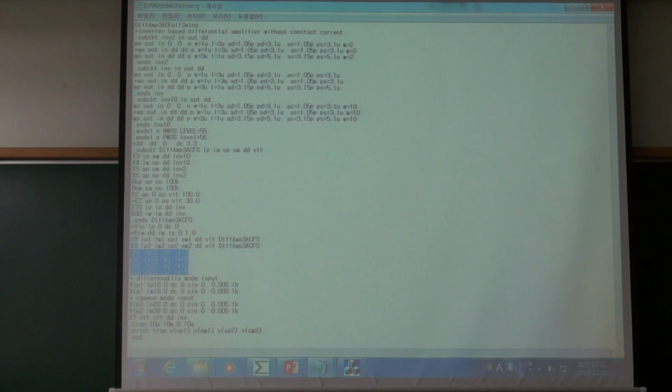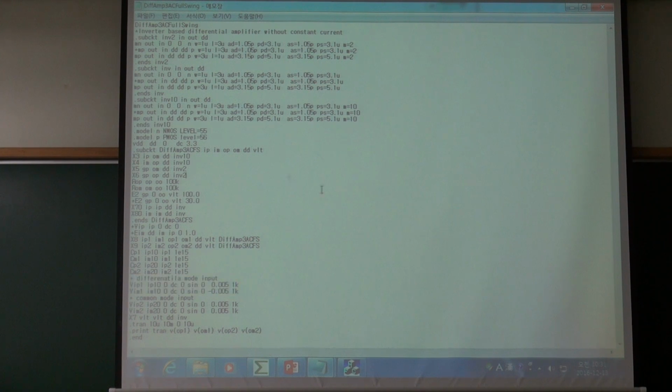The only difference is this one. I made that one into a sub-circuit. And then huge capacitors. See, I have two differential amplifiers, and one will be connected to this differential mode input. The other will be connected to this common mode input.